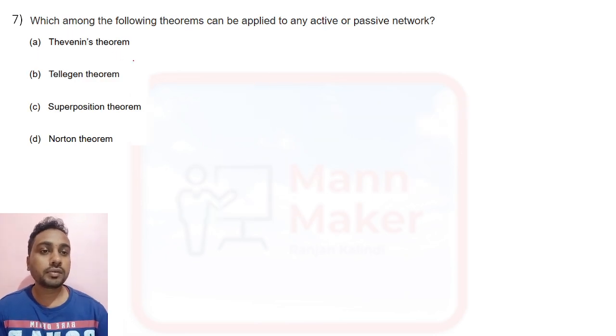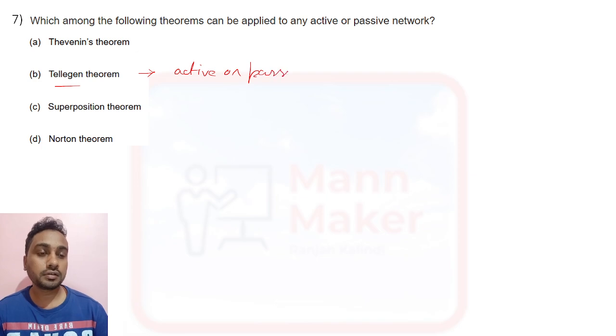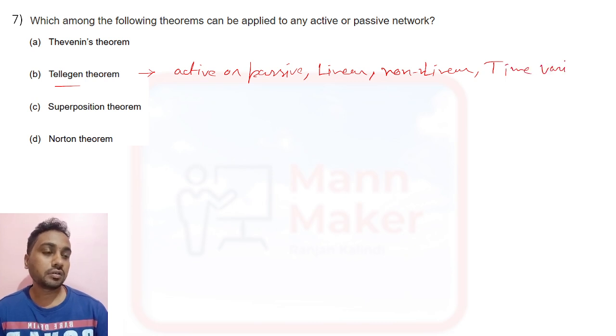Which among the following theorems can be applied to any active or passive network? From these options, only option B is there, the Thevenin theorem. The Thevenin theorem can be applied in active or passive networks, linear or non-linear networks, time variant or time invariant networks.